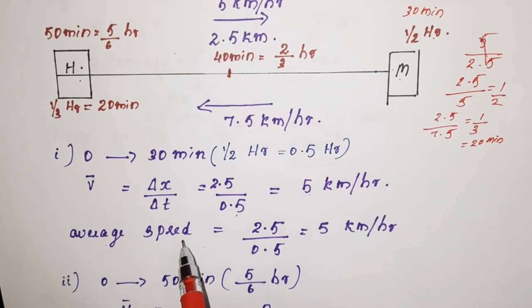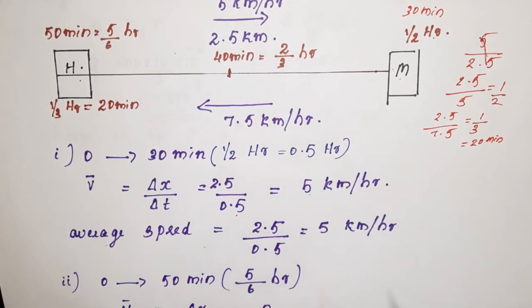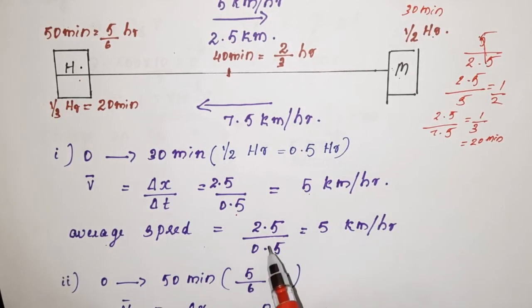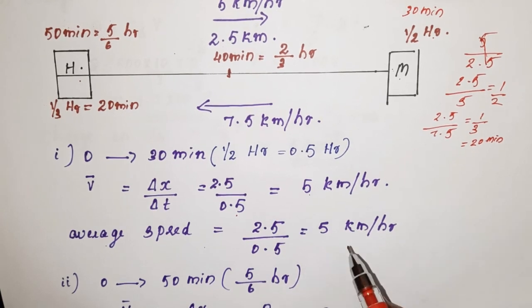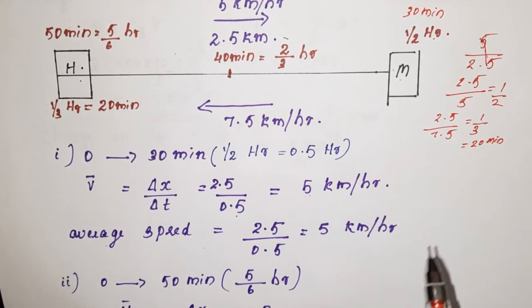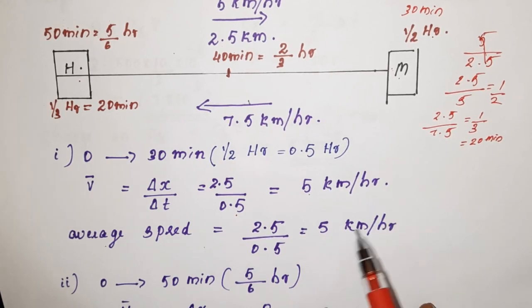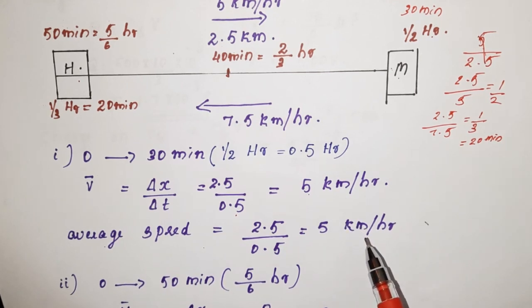When we calculate average speed, the total path length for 30 minutes is 2.5 kilometer. Again, the time taken is 0.5 hour, so we will get 5 kilometer per hour. That means during the time interval 0 to 30 minutes, both average velocity and average speed have the same value.